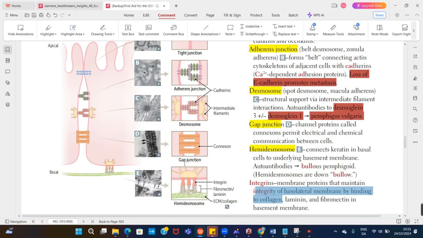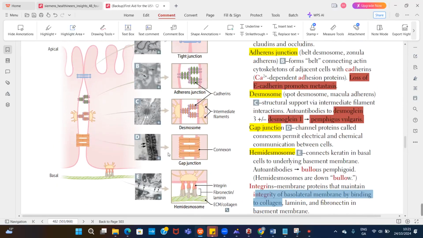Doc, can you differentiate the keratin in desmosome and the one in hemidesmosome? They are all the same keratin. The keratin in desmosome connects keratin to keratin, isn't it? The one in hemidesmosome, what does it do?